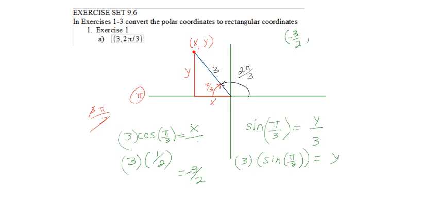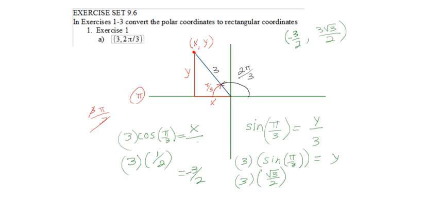Let me rewrite it so you don't get confused. I know what sine of pi over 3 is. This is rad 3 over 2. So 3 times rad 3 over 2, you cannot simplify it anymore. So I get 3 rad 3 over 2.